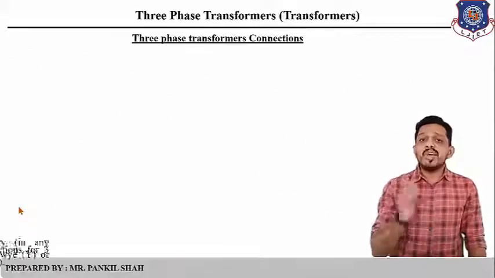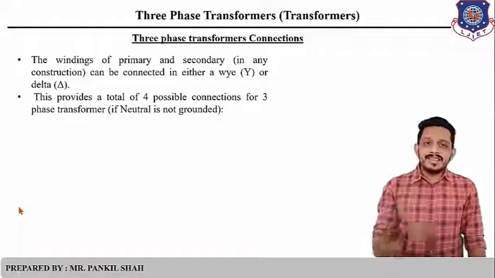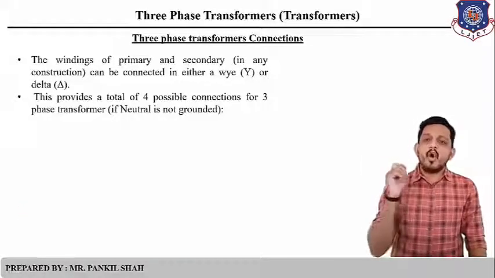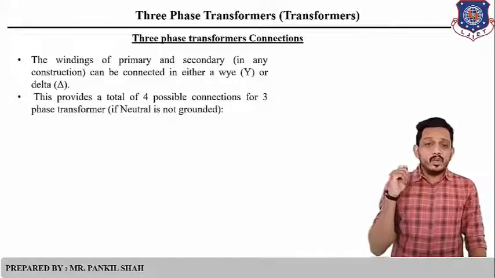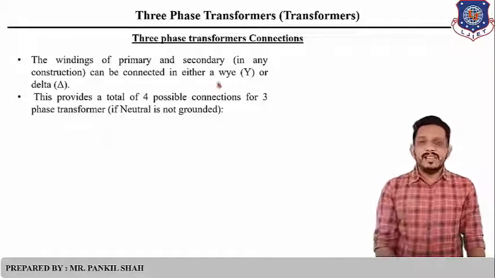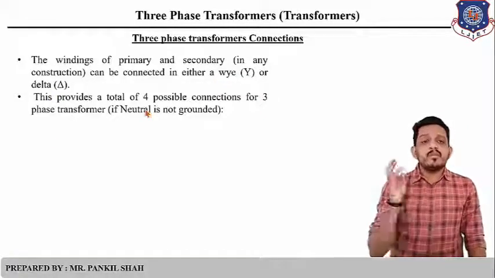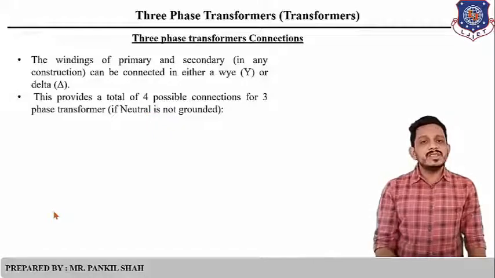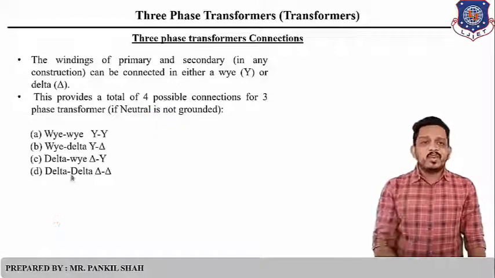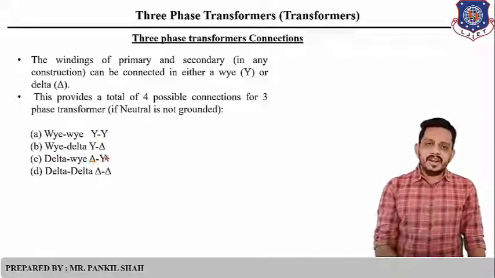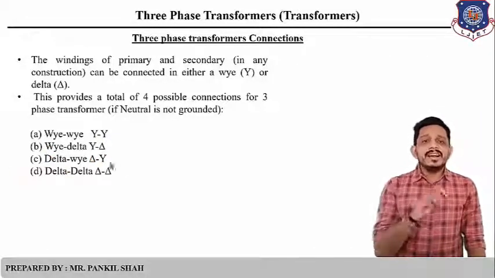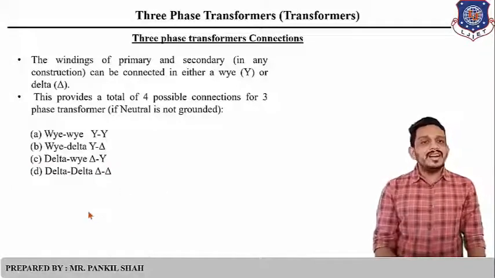Now, to connect the primary and secondary winding, we have two options. To interconnect the three-phase winding, we use either the Y, that is the star connection, or the delta connection. So it provides a total of four possible combinations for the three-phase transformer, and these four combinations are star-star connection, or you can say Y-Y connection, star-delta connection, delta-star connection, and lastly delta-delta connection.